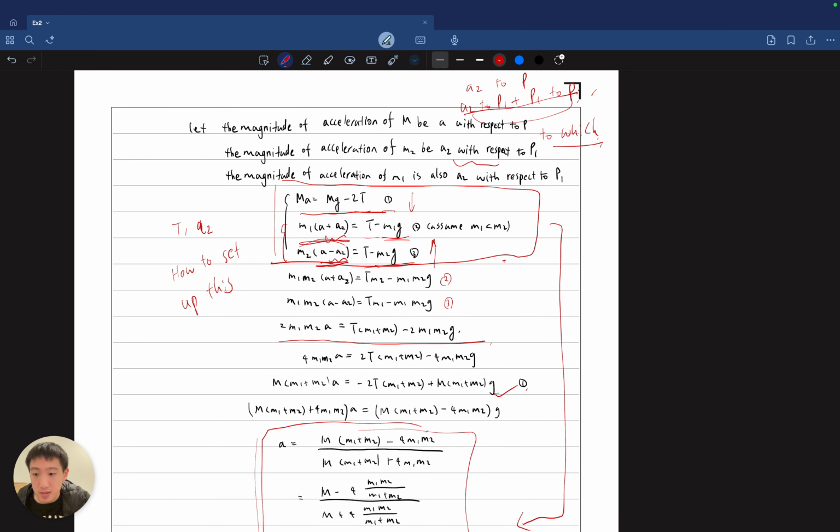Since we're treating everything as positive, acceleration is always positive in this scenario, so you need to know the direction of the acceleration, and if it's moving downwards, then you minus the upwards one, and vice versa. So these are the two things you can learn from this question.